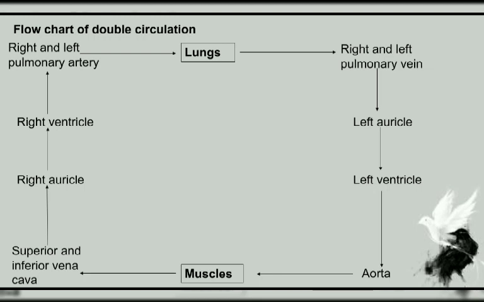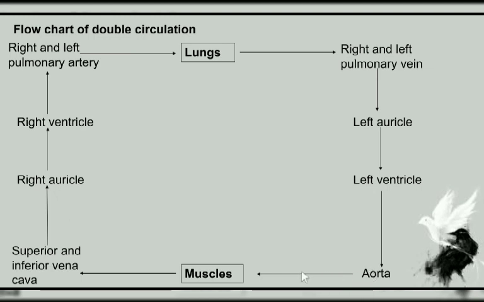Now again, let us describe that. Here you see the lung receives oxygen and releases carbon dioxide. The oxygen will be transferred with the help of the right and left pulmonary veins into the left auricle, then the left ventricle, and then the aorta.